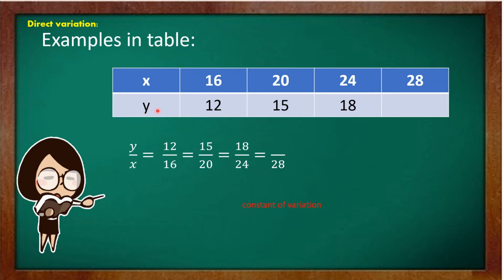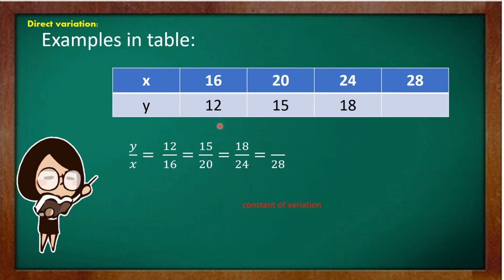In x we have 16, 20, 24, 28. Always remember that they have the same difference. The difference here, we just add 4. 16 becomes 20, so you just add 4. 20 becomes 24, add 4, and 24 becomes 28, so just add 4.